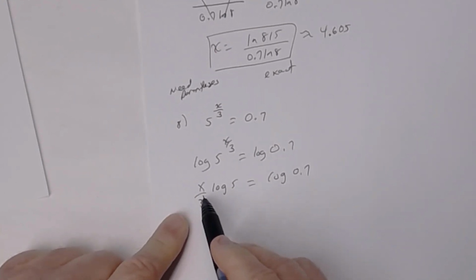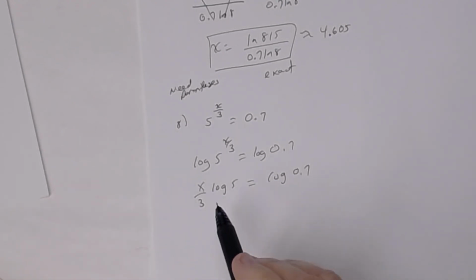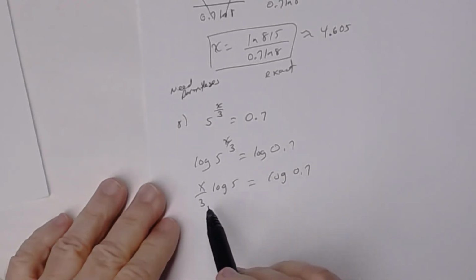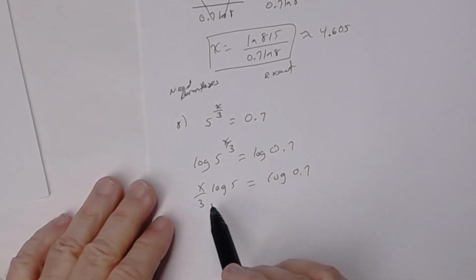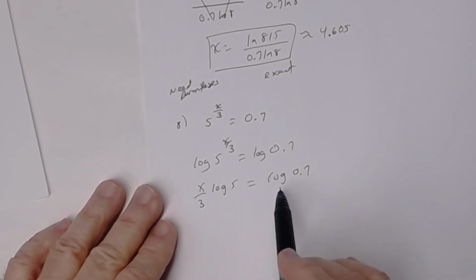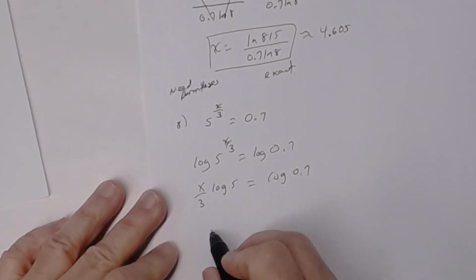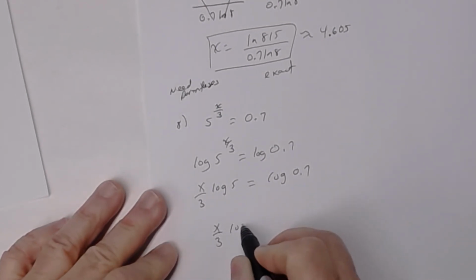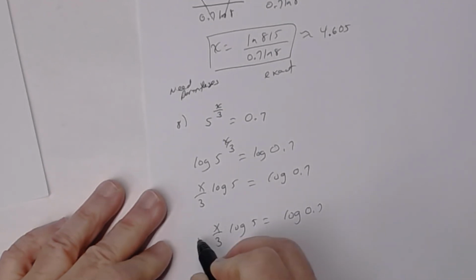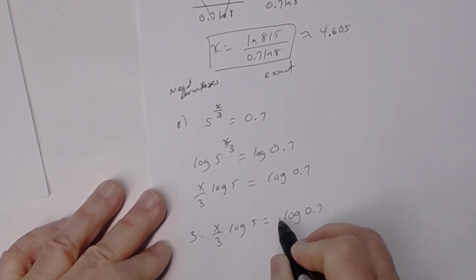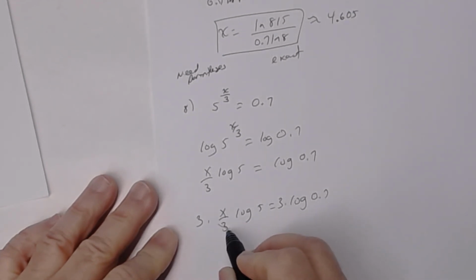All right, now I got to get x by itself. Now here's how I would do this. To get x by itself, notice I'm dividing by 3, right? So one of the things you learned is to clear your fraction. So let's go ahead and multiply both sides by 3. So I'm going to say times 3 and then times 3. So the 3's divide out here.